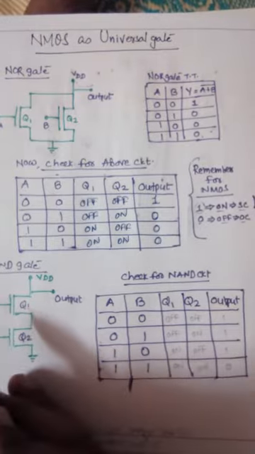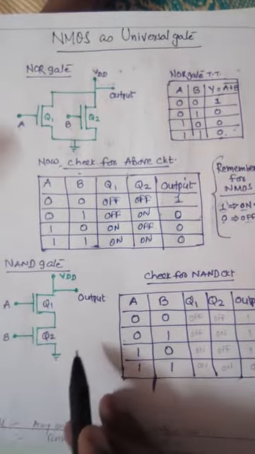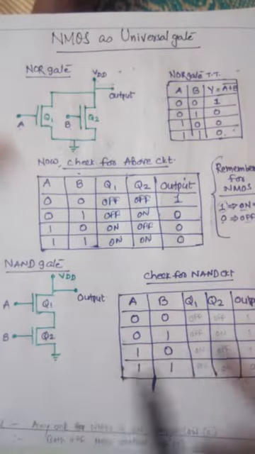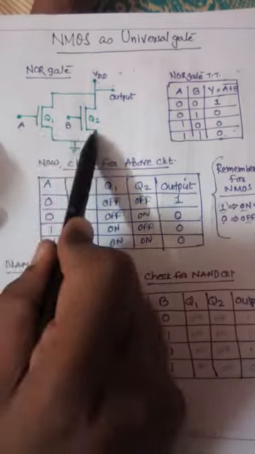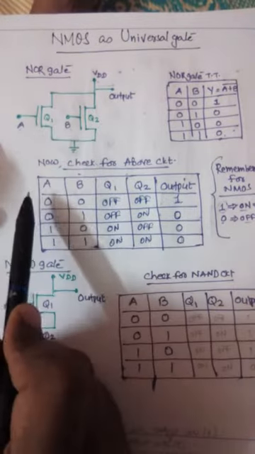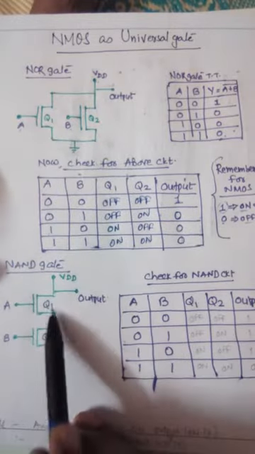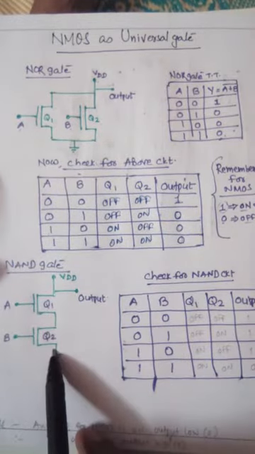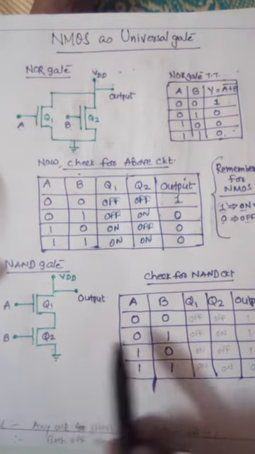Okay, in the same way, here we consider a NAND gate. For this NAND gate, previously with PMOS for the NOR gate, Q1 and Q2 were connected horizontally or in parallel. Here the NAND gate is in series, vertically, and in the previous PMOS it was in horizontal form.